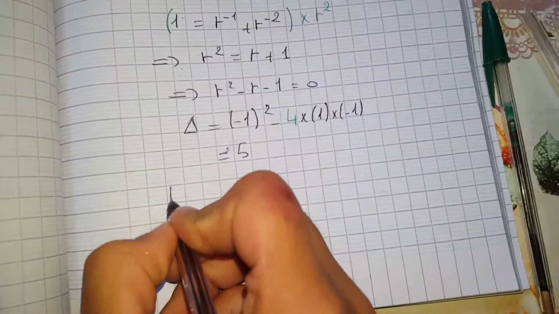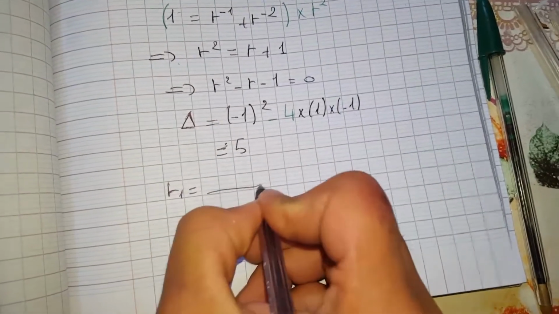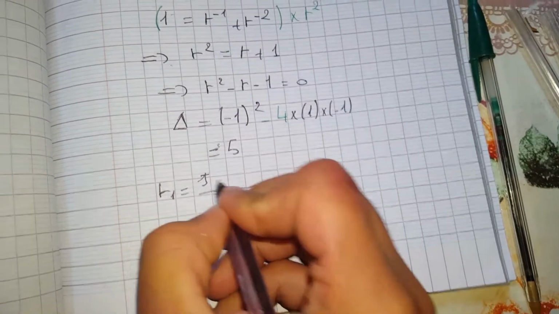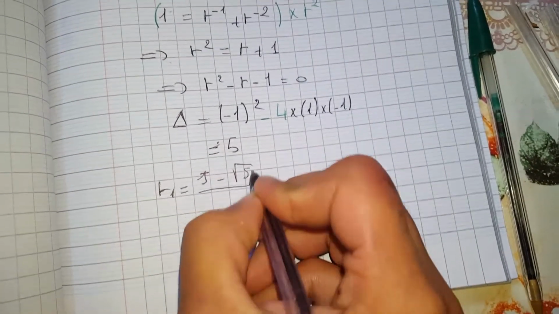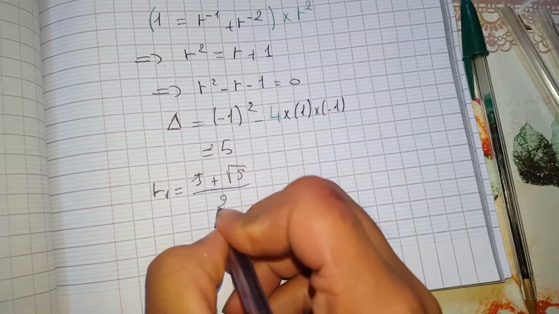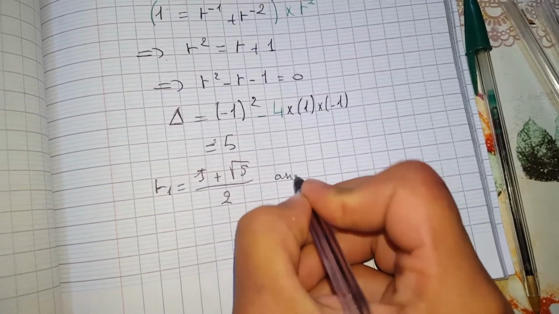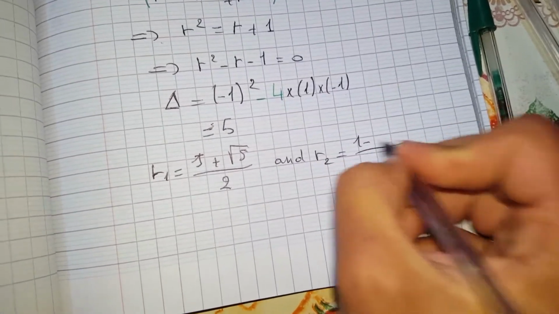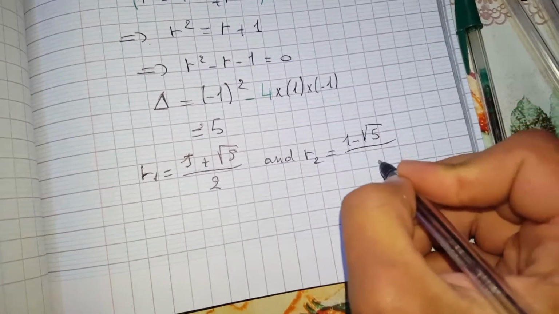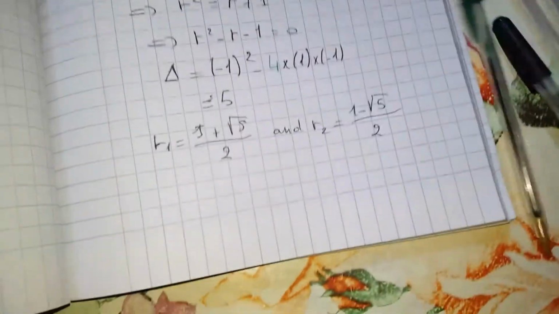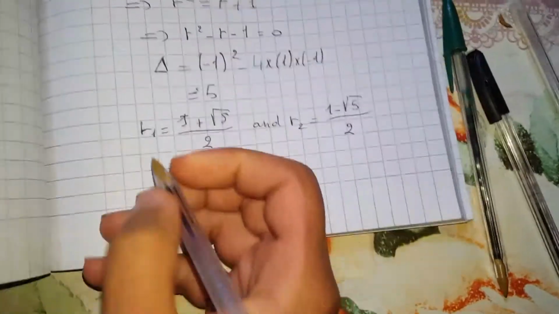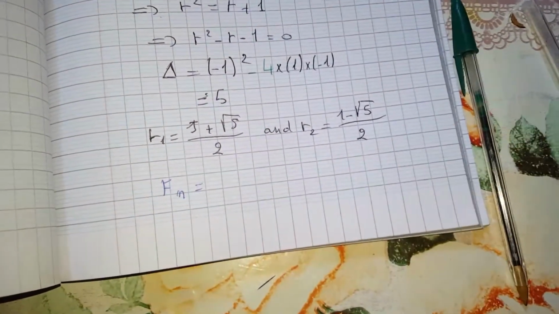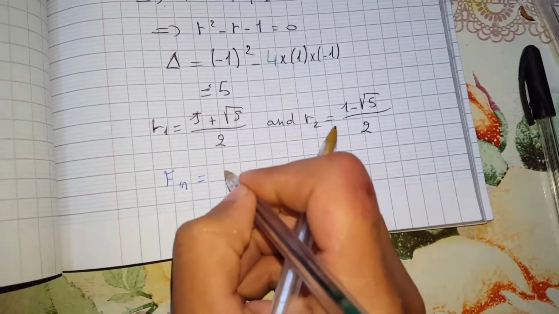So r1 is equal to 1 plus square root of 5 over 2, and r2 is equal to 1 minus square root of 5 over 2. These numbers are very special. In the end I will say what their name is and what they are used for.